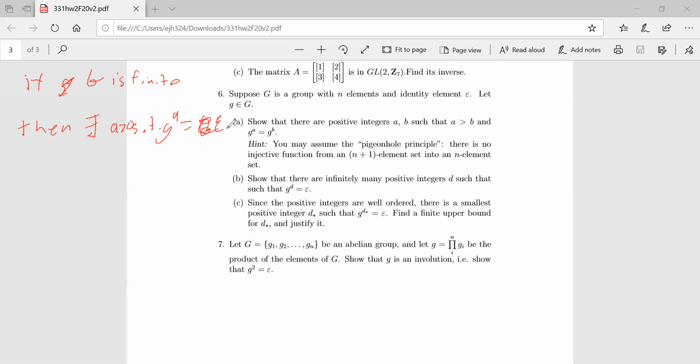He's using epsilon, so I'll use epsilon. So why is this true? Just on an intuitive level.